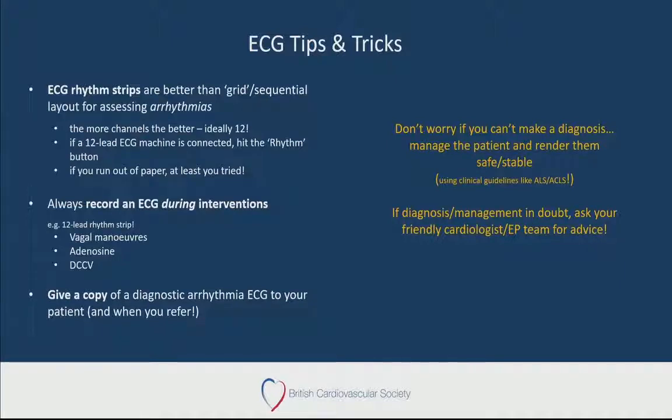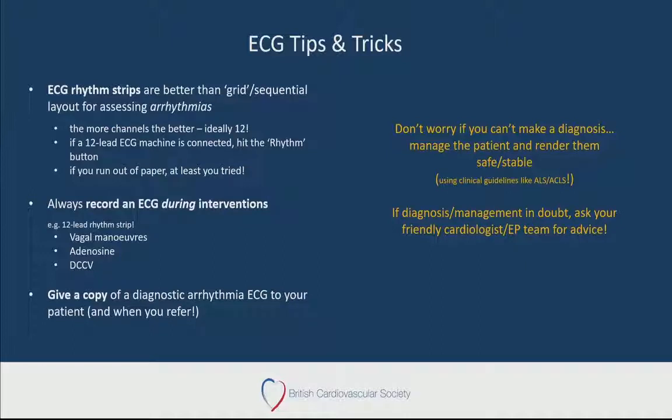Some tips for ECG when you're assessing patients for SVT. So take rhythm strips. It's better than the grid layout. The more channels, the better, and keep it running because EP doctors want to see the start, whatever interventions you've done, and the termination. It's very, very important. There's so much information in all those aspects of a rhythm.